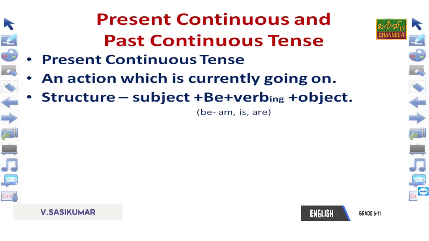Present continuous is the present action. That action is going on. What we are doing in the place, in the progress level. So very important here, an action which is currently going on. Don't forget this matter. An action which is currently going on.